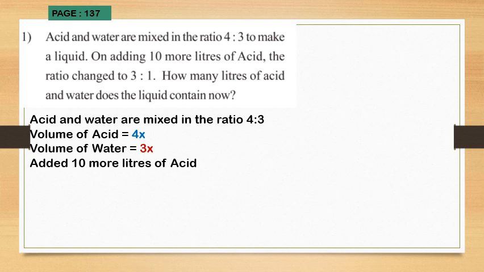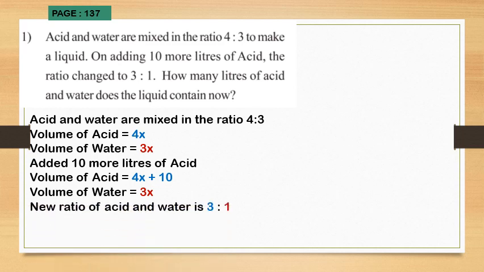Then how can we write the new volume of acid and water? Yes, volume of acid equal to 4x plus 10 and volume of water remains the same, 3x. And the new ratio is also given in the question. So let us write the new ratio as 3 is to 1.